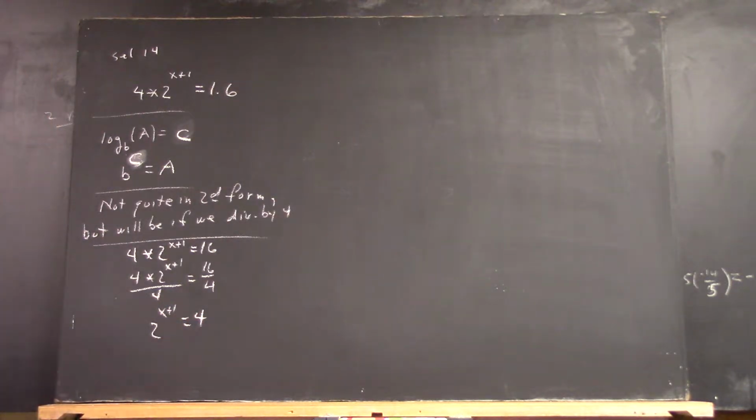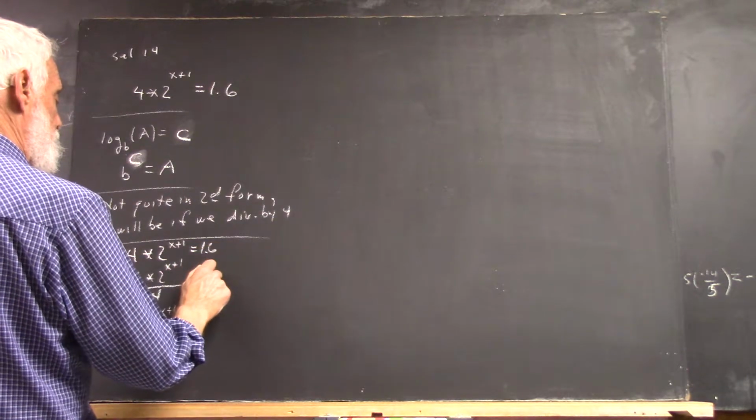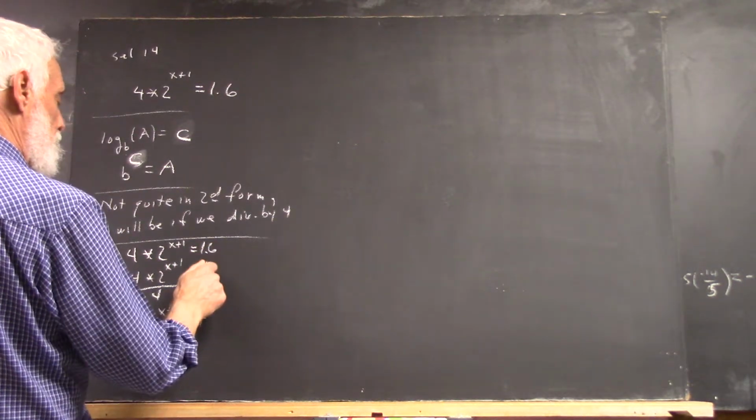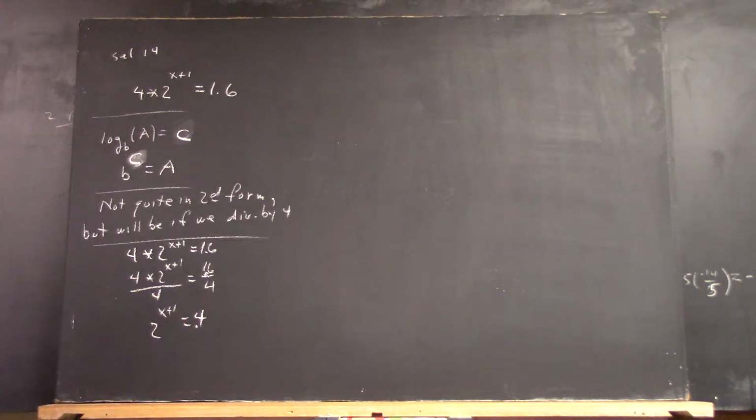Wait, it was 1.6. Oh, it's 1.6. It's a 0.4. Yeah. Thank you. Yeah, peripheral vision. Okay.